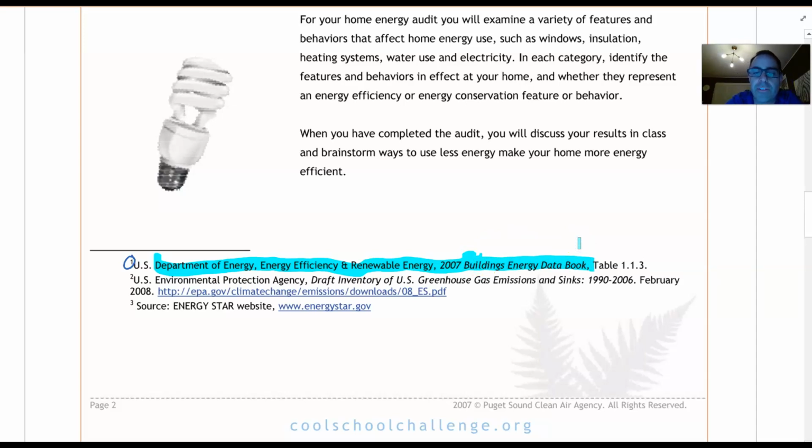So what that does is it tells us a few things. It tells us, number 1, who wrote it. And then what was the title of that publication. And then where in the document we can get this. This is part of what we call referencing, and it's super important.